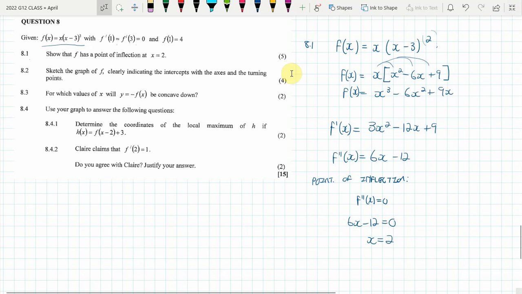Let's check out 8.2. They want the sketch of f. We must show the intercepts, the x and y intercepts, all of them, and the turning points.